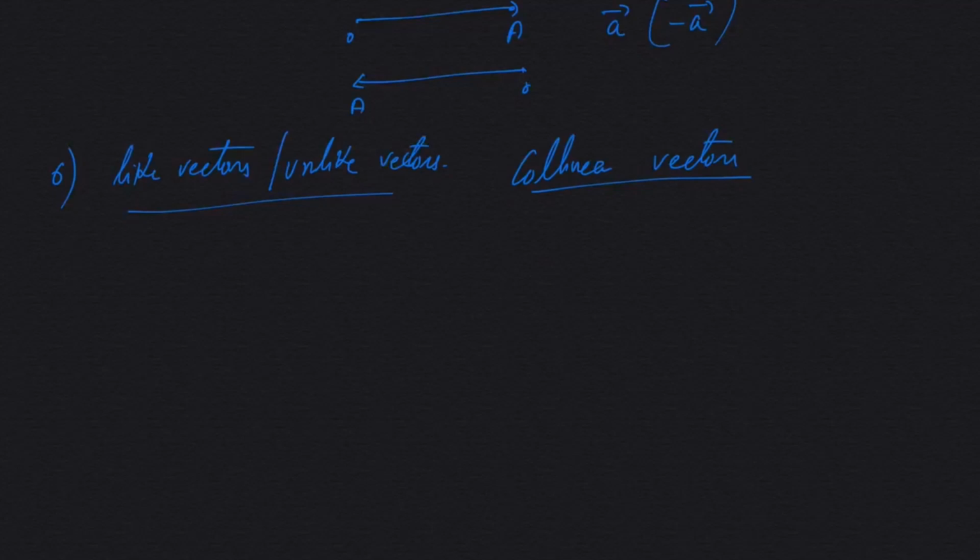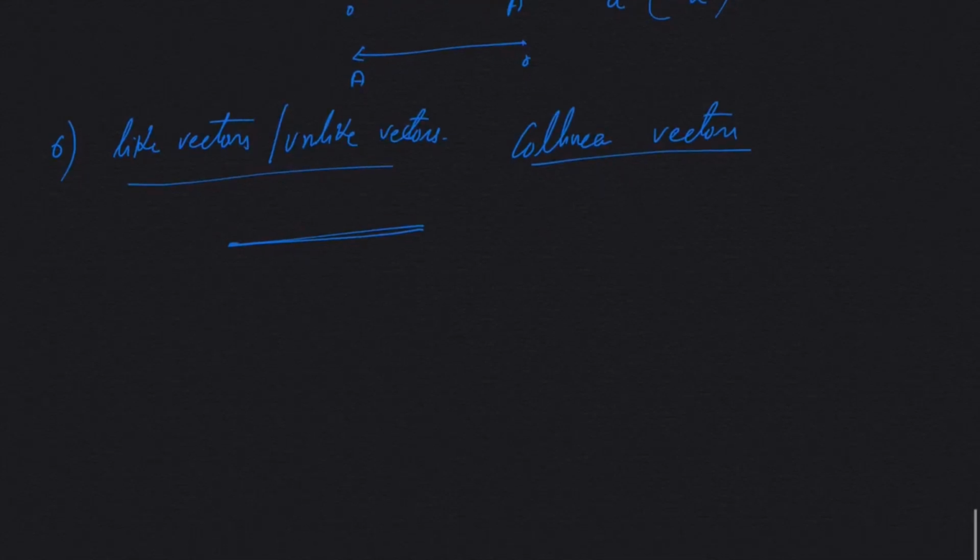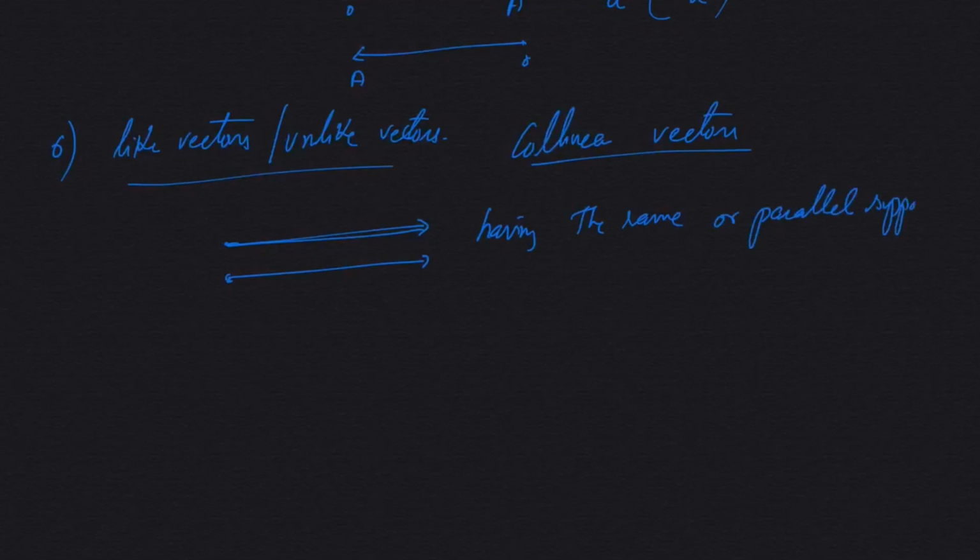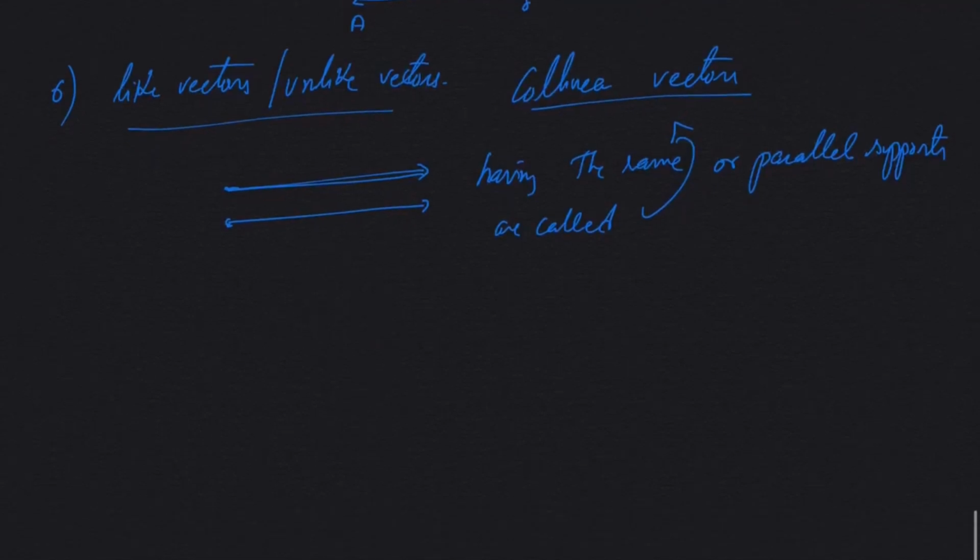They do not necessarily lie on the same line. All right, maybe parallel vectors. Yeah, these two can be called collinear vectors. That's why vectors having the same or parallel supports are called collinear vectors.